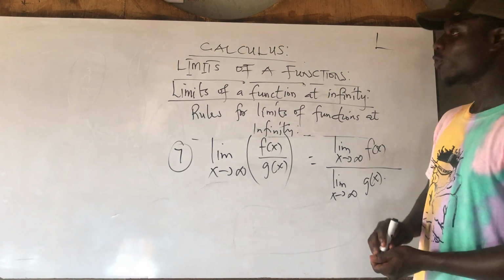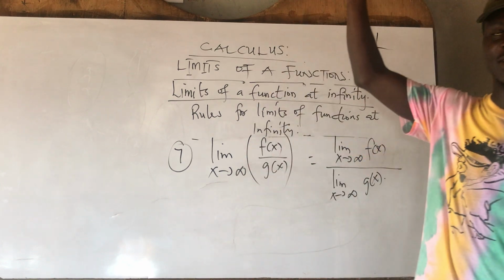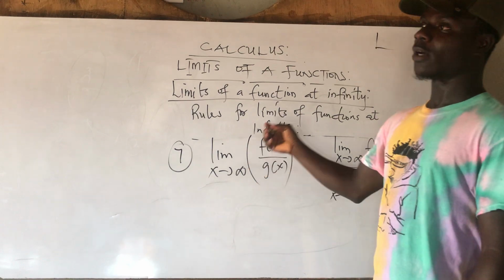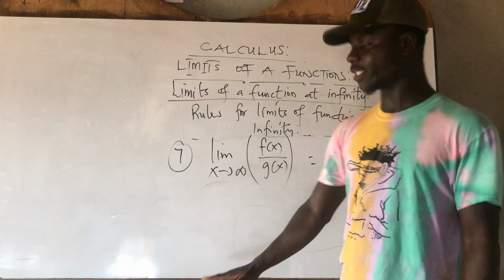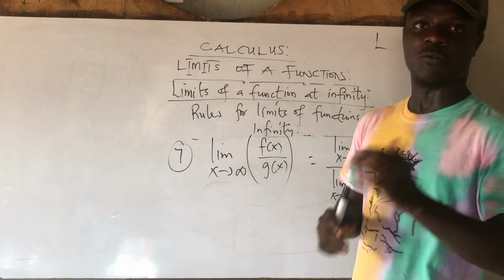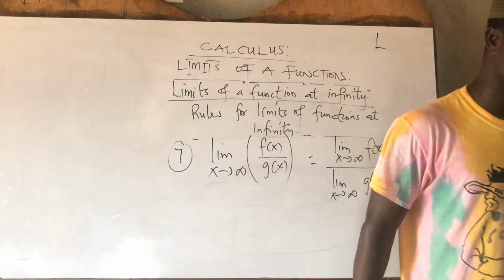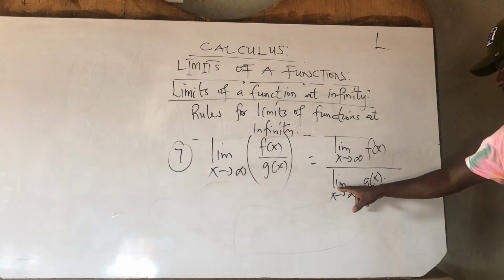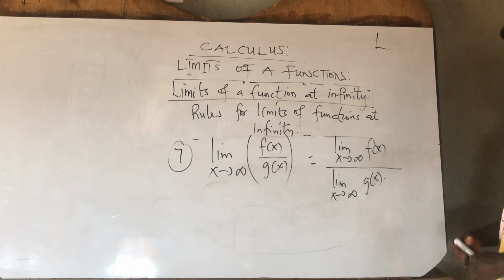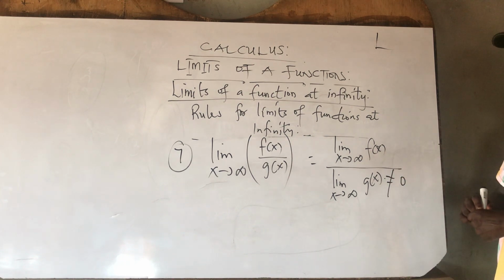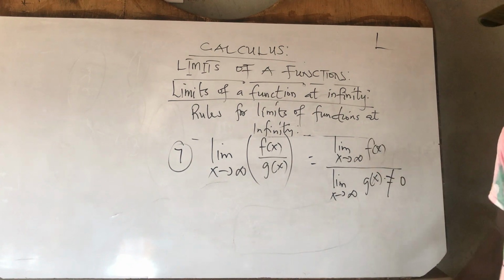So you find the limit of the function at the numerator, then also the limit of the function at the denominator as x approaches infinity for each of them. So that's how you work that. Where the limit as x approaches infinity of g of x should not be equal to what? 0. It must not be equal to 0.